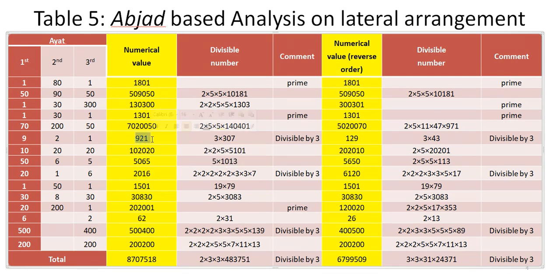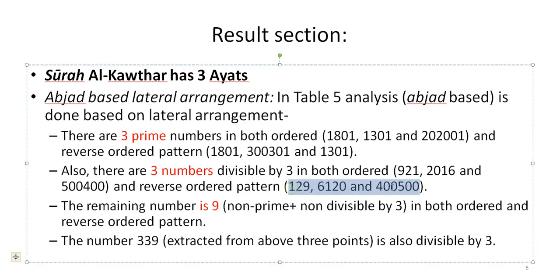If we go for the reverse ordered pattern, we also see the same number of divisible values, 1, 2, and this is number 3. So these are the 3 numbers for reverse ordered pattern, and these are the 3 numbers for ordered pattern. Interestingly, both are 3 numbers.